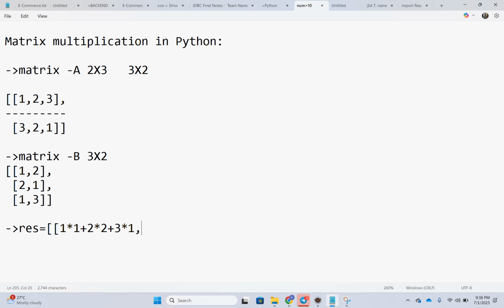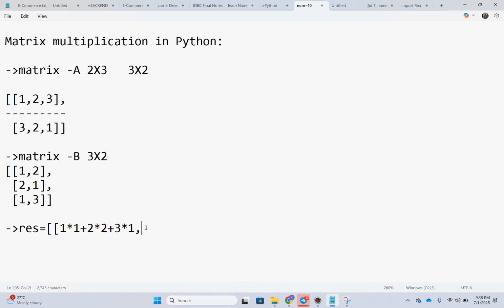And this row again will be multiplied by the next column, when this 1 2 3 will be multiplied to 2 1 3. So it will be the corresponding row.